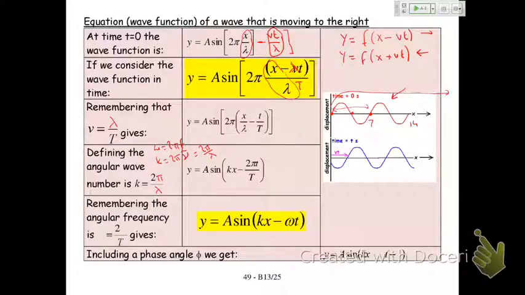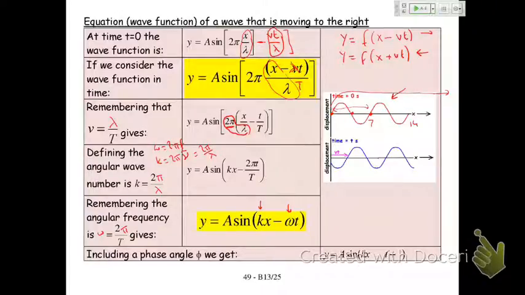So therefore, I get y is equal to A sine, where 2 pi over lambda is going to be k, not spring constant but angular wave number. And if I also know that omega equals 2 pi over T, I end up with omega there.